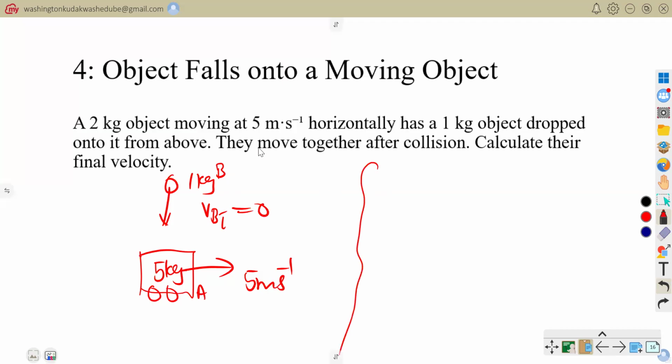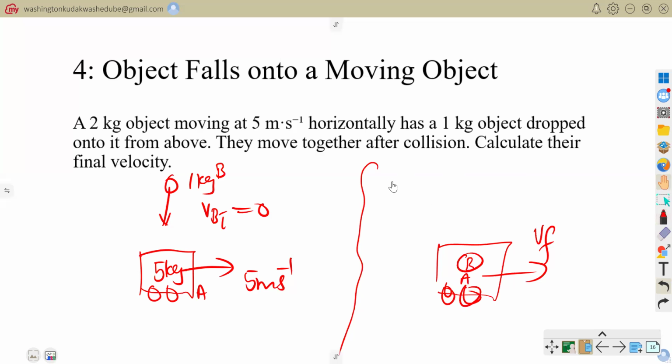After collision, they move together. So after collision, I now have object A and object B moving together, but we do not know the final velocity. Now they say calculate their final velocity.